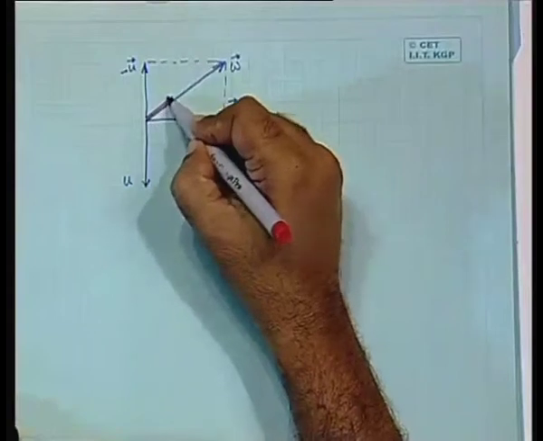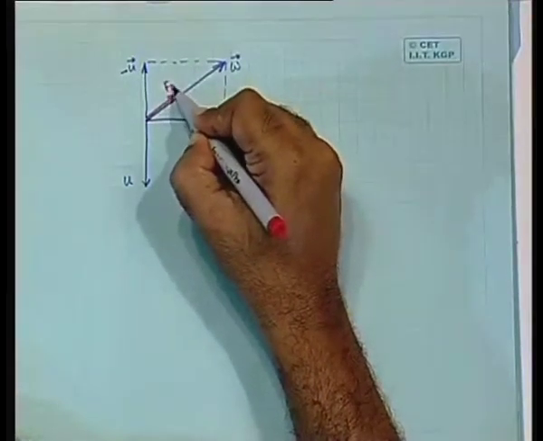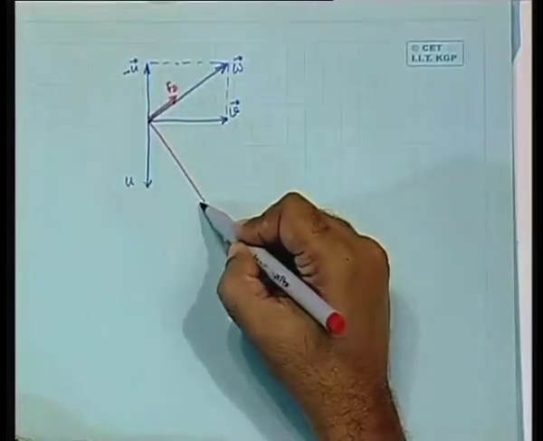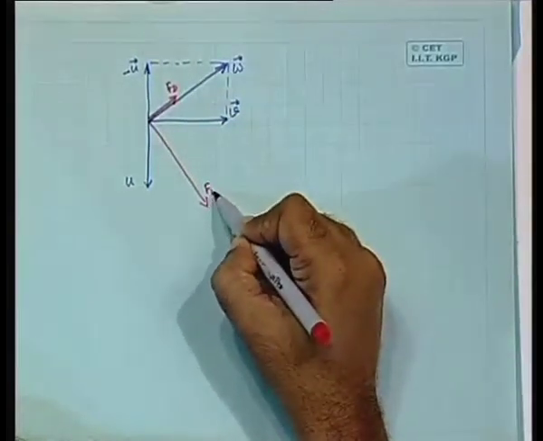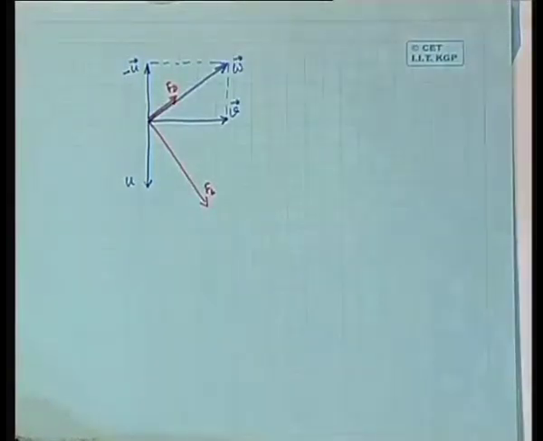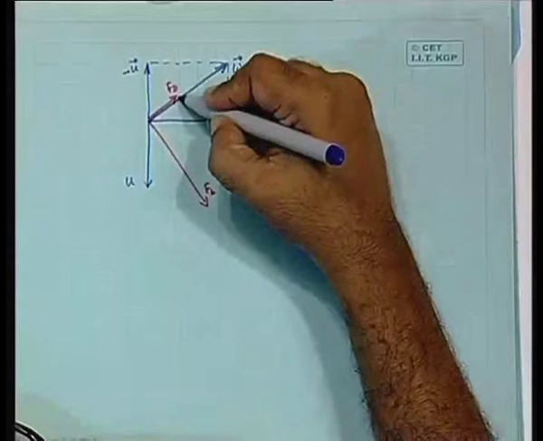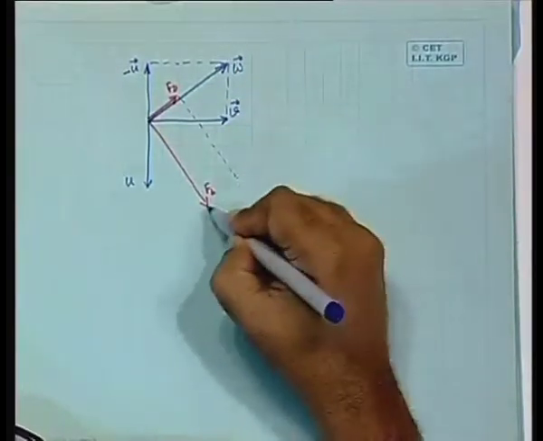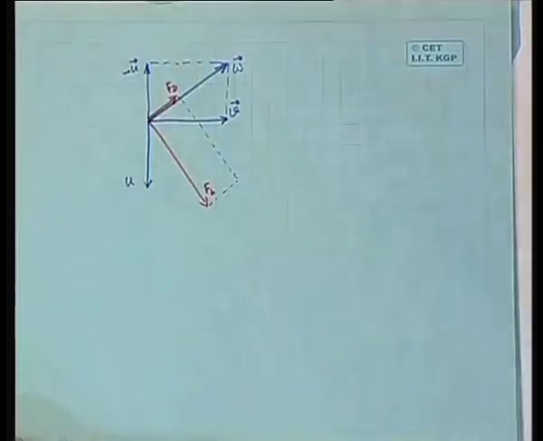Now you have the drag force in this direction, Fd, and the lift force in this direction, Fl, okay. They added together give you the total force.